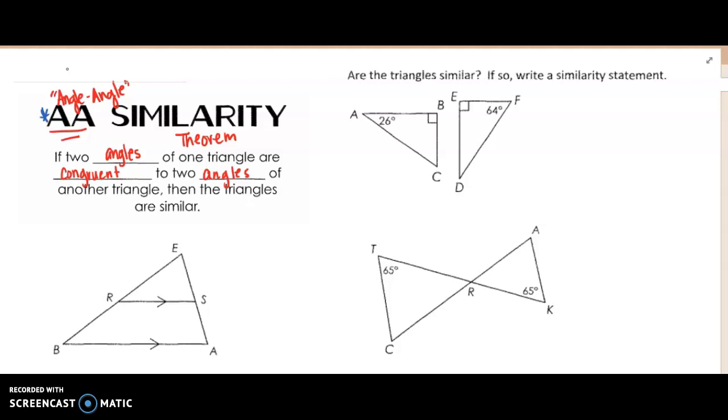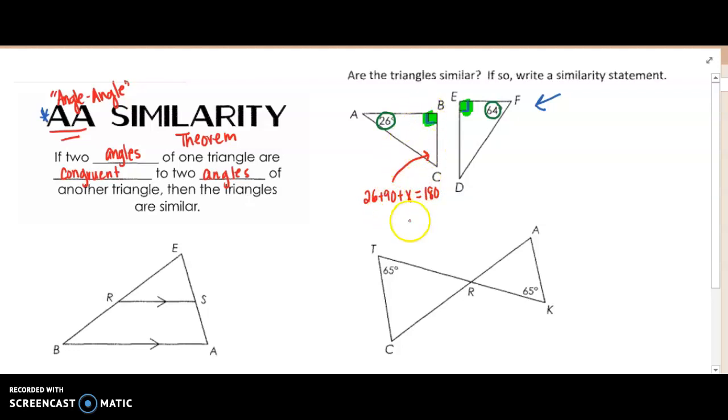Okay, so the first example in your foldable is this one right here. Notice we have this 90 and this 90-degree angle, so these angles are the same. So I'm just going to kind of color them like that. What we know is this angle A is 26 degrees and F is 64 degrees. Now 26 and 64 aren't the same, and we have to show that two angles of this triangle are congruent to two angles of this triangle. We already know the one, which is the right angle. But I also know that if I make this X, then 26 plus 90 plus X has to equal 180.